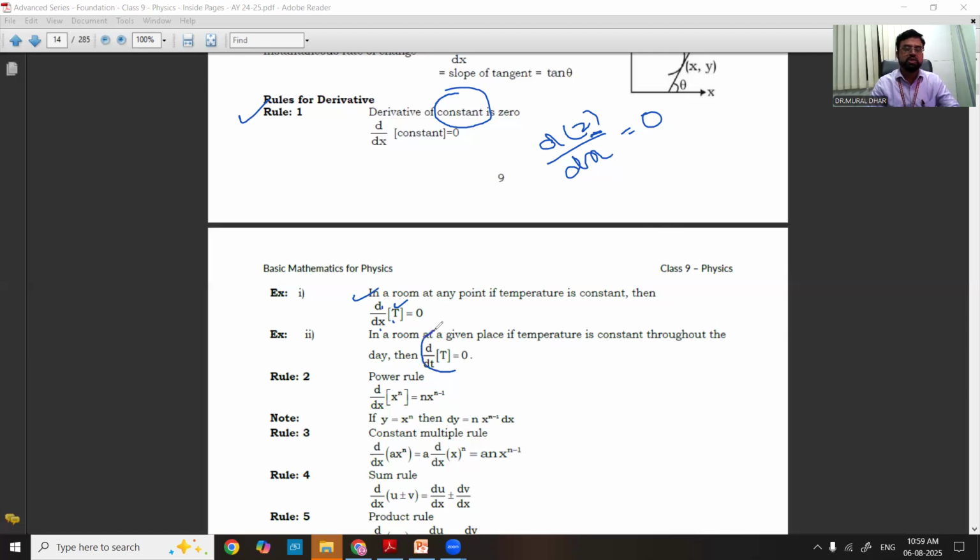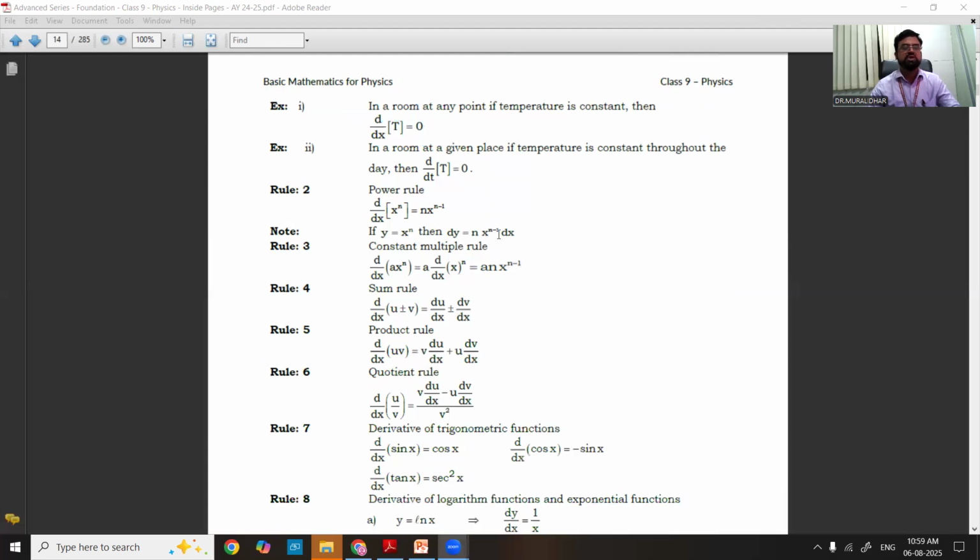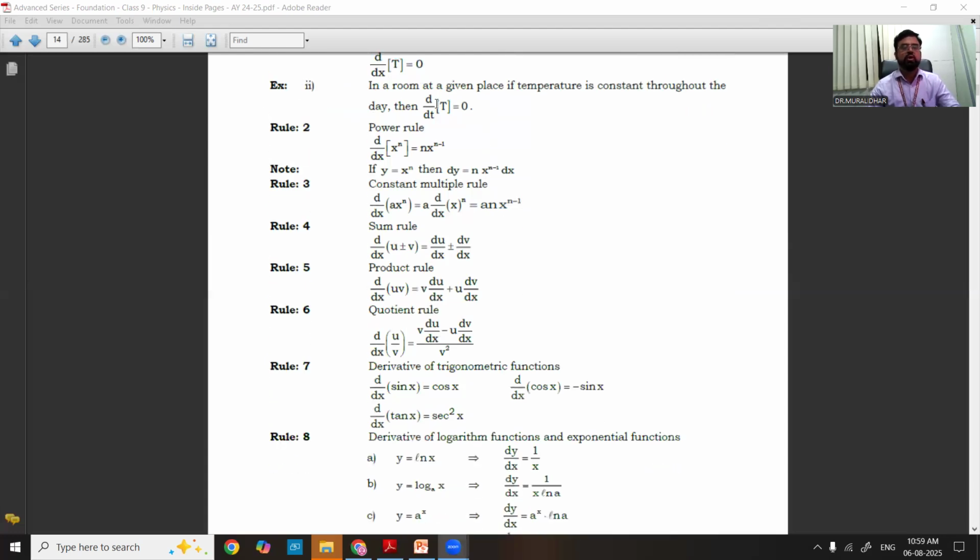So the differentiation of room temperature, d by dt, is equal to 0. At a particular time also 0, throughout the day also 0. The derivative of the temperature in the room, or of a constant, is 0. That is rule number 1.